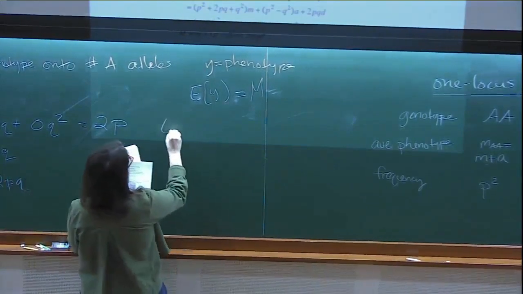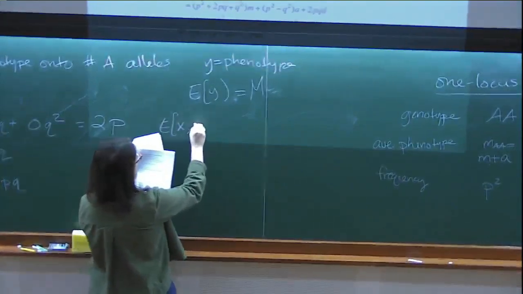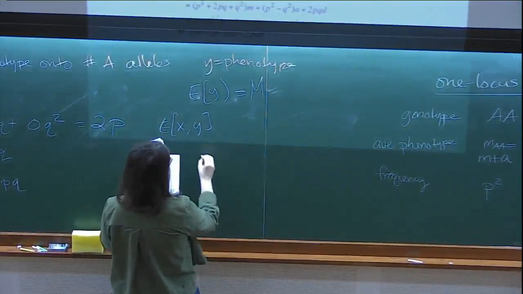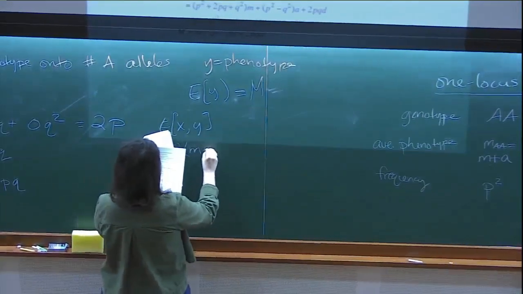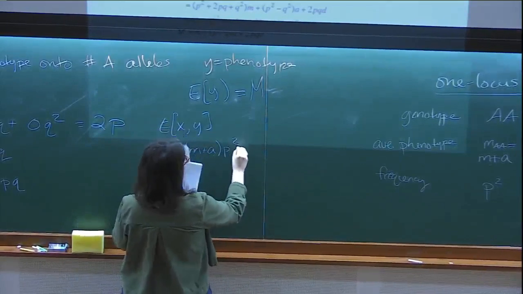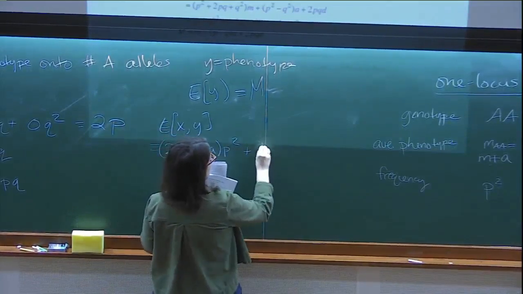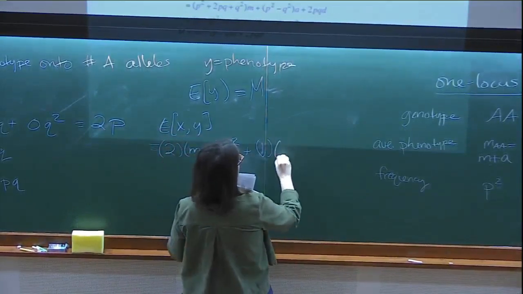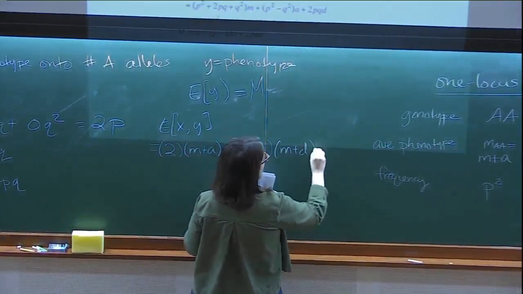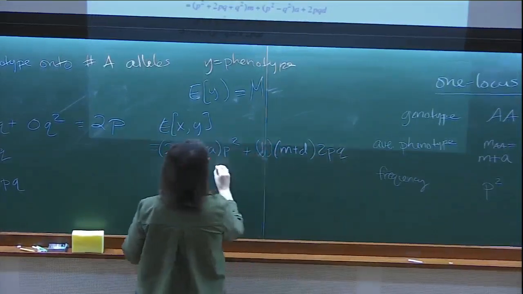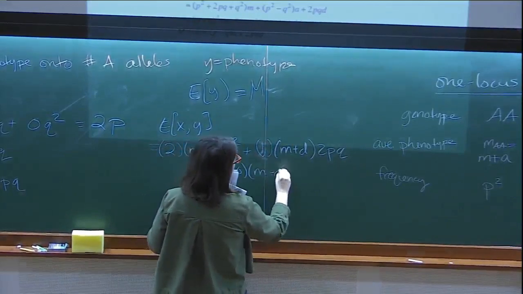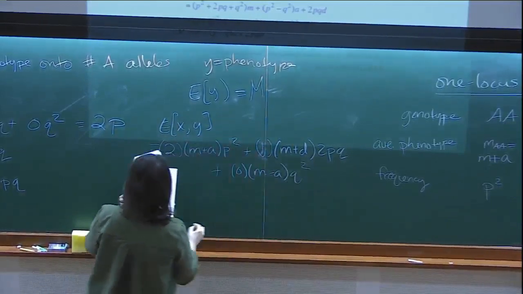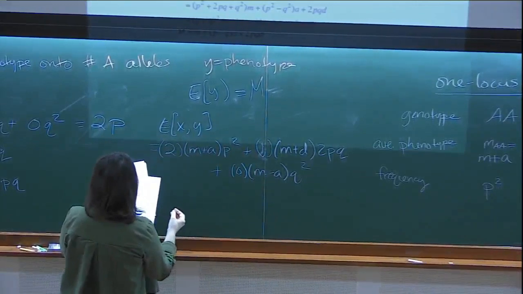Then the covariance between the number of alleles and the phenotype. We can write it out. And that's this quantity.